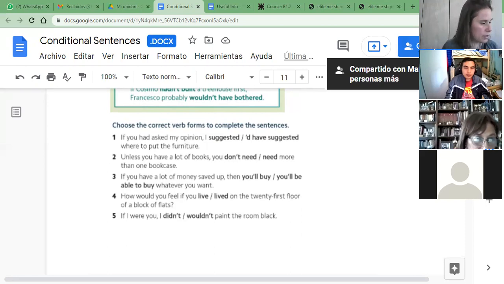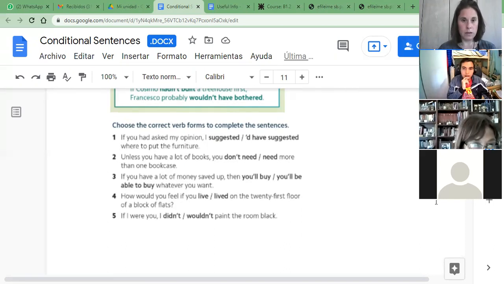Marta, ladies first. If you had asked my opinion, I would have suggested where to put the furniture. Okay, very good. Nico. Unless you have a lot of books, you don't need more than one bookcase. Okay, good. Lucas. If you have a lot of money saved up, then you will be able to buy whatever you want.